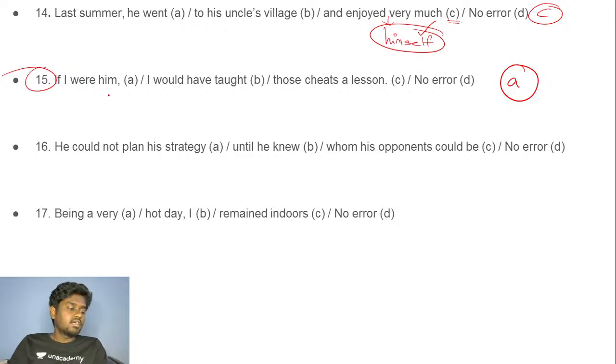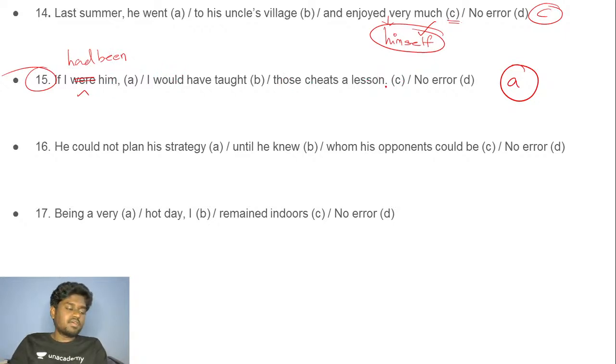It should not be if I were him. Why? Because the first part of the sentence, this is completely incorrect. It should be replaced with if I had been him. It should be if I had been him, I would have taught those cheats a lesson.